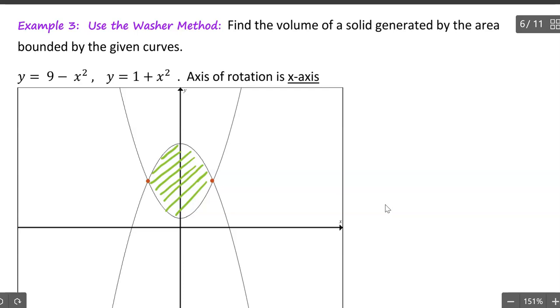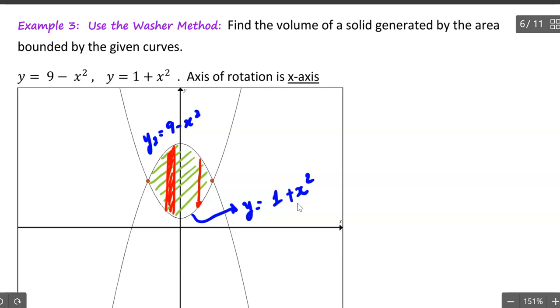If I draw my element, it will be the vertical element, and I show the arrow here to indicate that your upper function will be the parabola that opens down, so y2 is equal to 9 minus x squared, and your y1 here is the parabola that opens up, so y equal to 1 plus x squared.